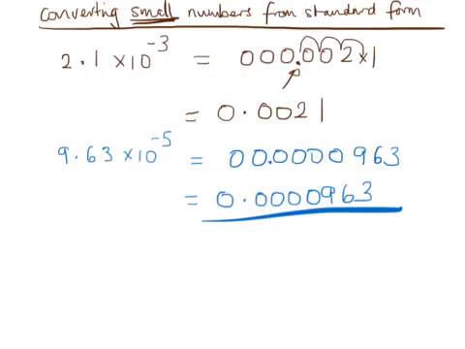One more example of this. Let's do 3 times 10 to the minus 6. Well, we look at this, we know it's a small number because of this minus. Therefore we want to make this into a small number. It hasn't got a decimal point at the moment, but 3 is the same as 3.0. So really there's a hidden decimal point just there. Okay?